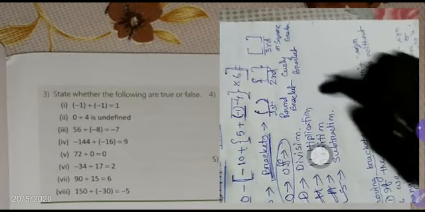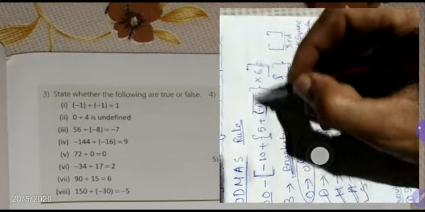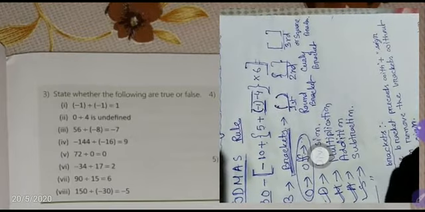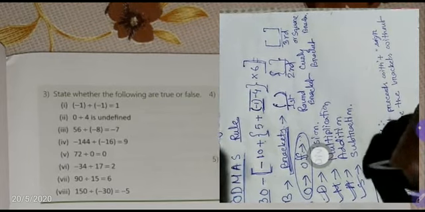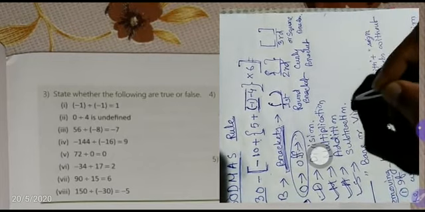And one thing more in this example: you see here one bar is given. That is called a bar or vinculum.